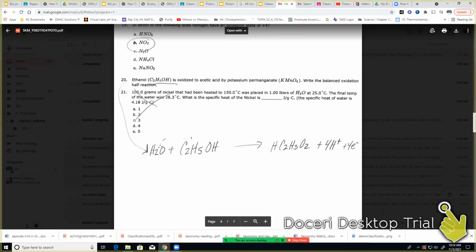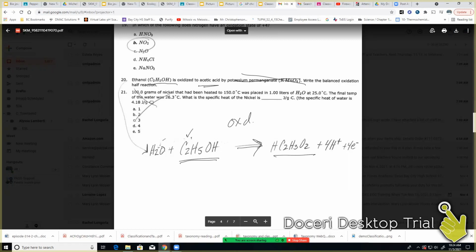It tells you that ethanol was oxidized to acetic acid. So that's all you needed. That's just extra information. You needed this goes to this. And it says that was oxidized, so this is your oxidation half reaction. And then you would have to go and do your balancing.